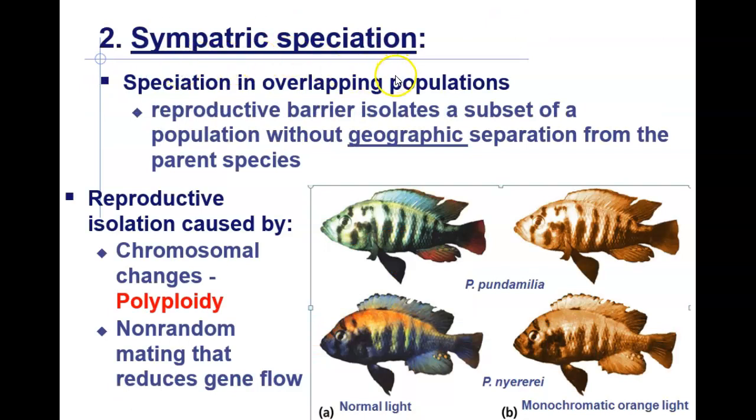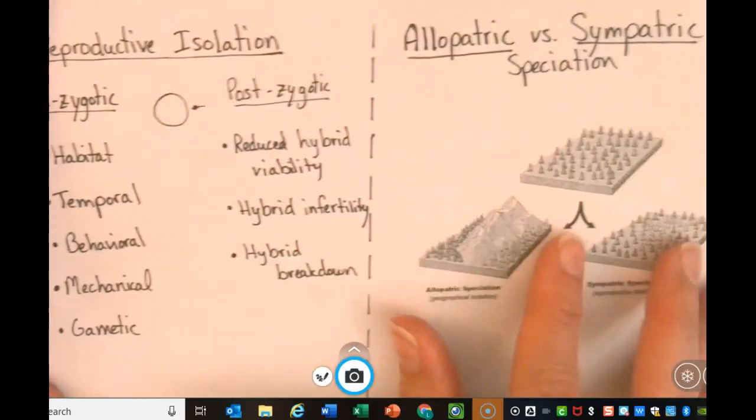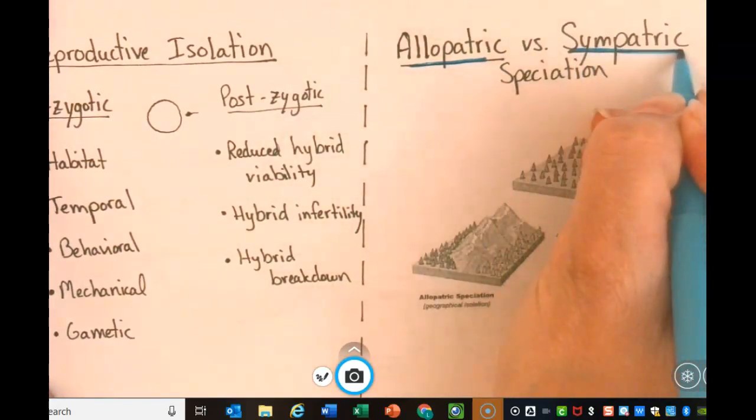Sympatric speciation is when the reproductive barrier occurs without a geographic separation. This can be due to behavioral issues or temporal issues or chromosomal changes. And we'll explore those in just a second. So on your big sheet, you'll notice right here we have allopatric versus sympatric speciation.